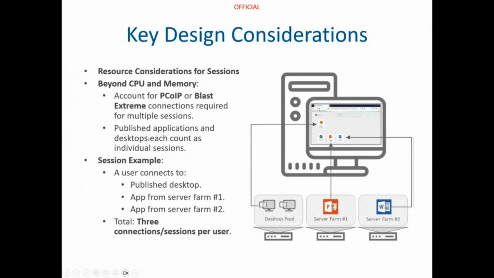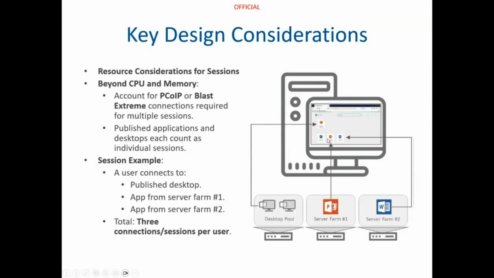Key design considerations: resource considerations for sessions. Beyond CPU and memory, we need to account for the protocols, PC over IP or VMware Blast Extreme. A connection requires multiple sessions. Published applications and desktops each count as an individual session, an individual connection.